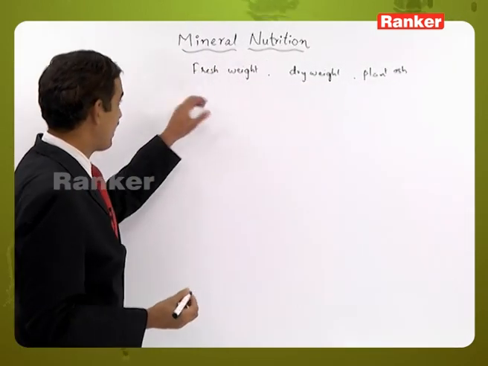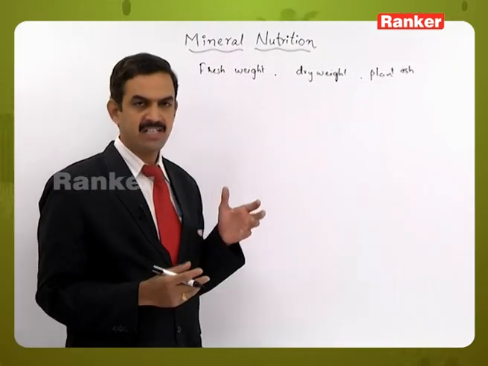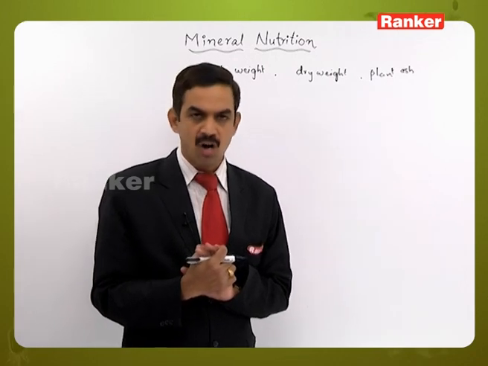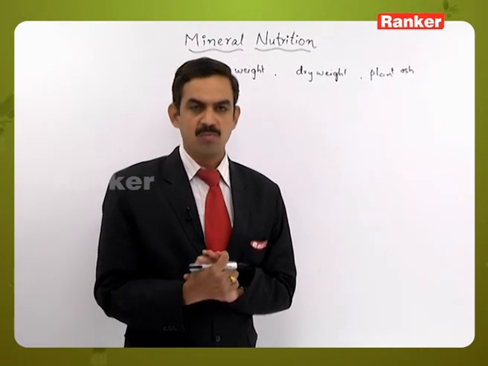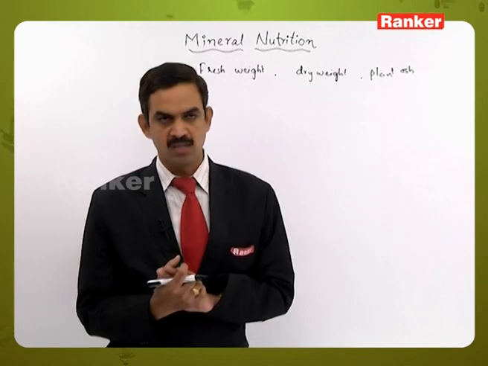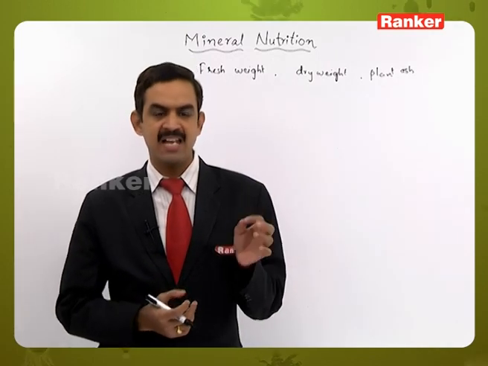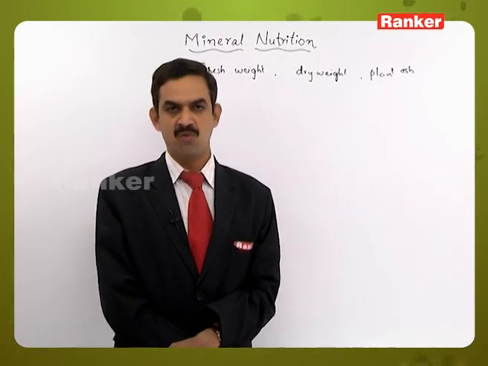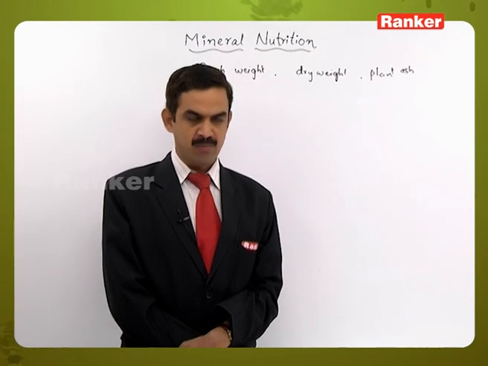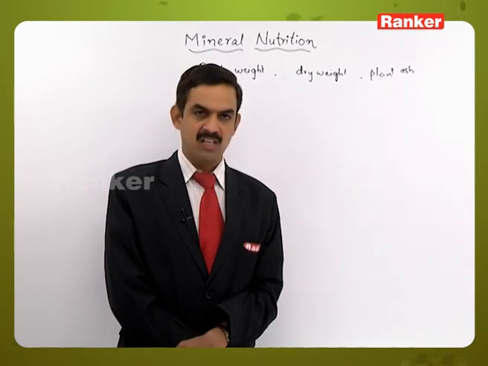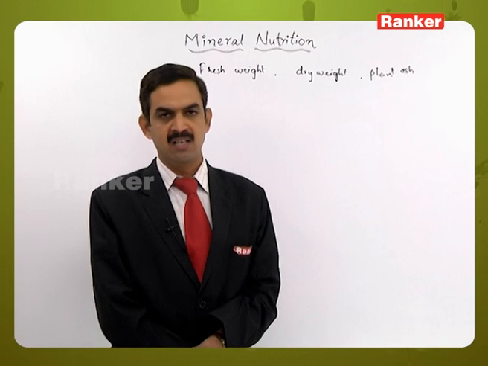So what does fresh weight actually mean? We know that plants are living organisms which contain a major portion of water, and every cell has nearly 90% water. Not only the cytoplasmic content but other structures also contain water as a major part.